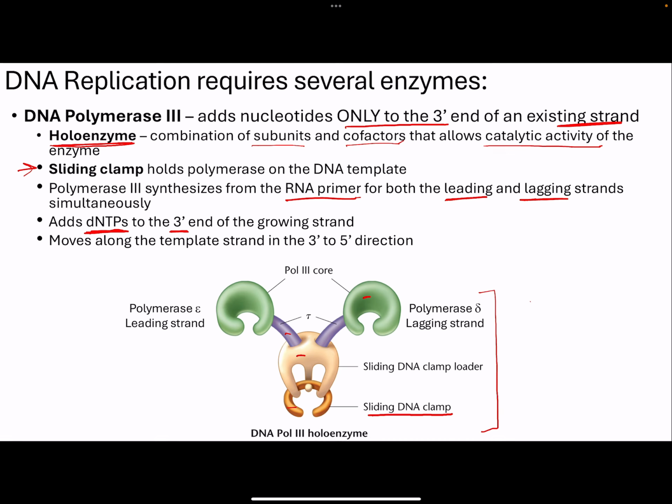And this is a little bit confusing to think about because the new strand is growing in a 5' to 3' direction, but as the DNA polymerase is moving down the template strand, it's actually moving down the strand in the 3' to 5' direction. So a little bit of a distinction there to keep straight, and we'll come back to that a bunch of times. And I think I might post a drawing of how all of this works a little bit later. Okay.